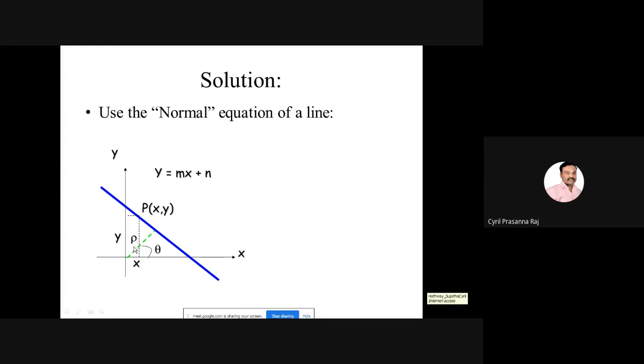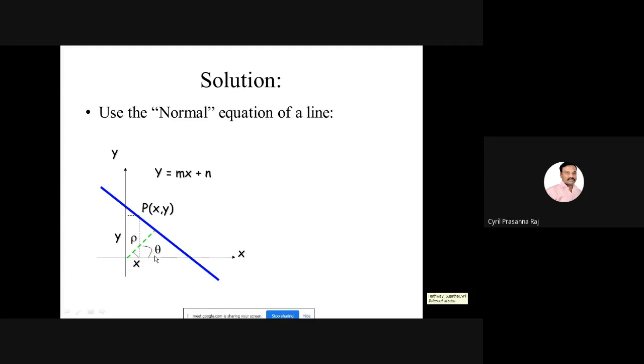Let me tell you what rho is. Rho is the length of the vector drawn from the center of the xy coordinate system to the line, perpendicular to the line. Then, considering this as the reference axis, the angle of this line we call theta.